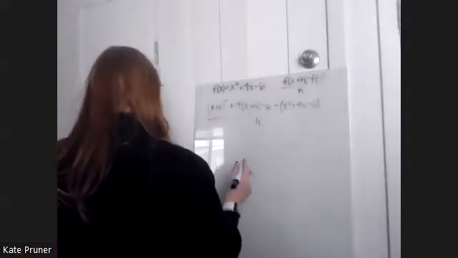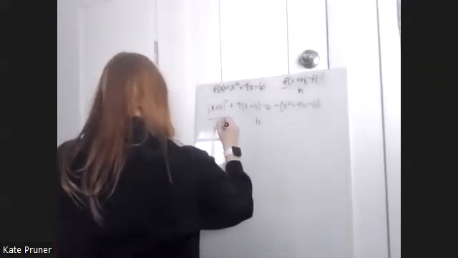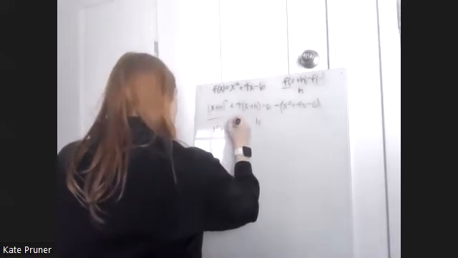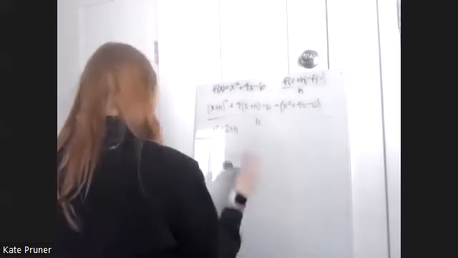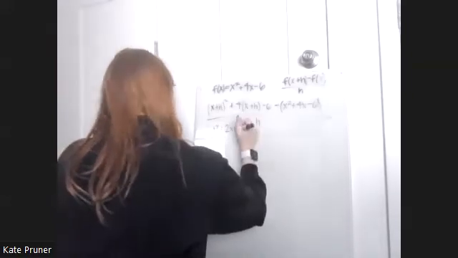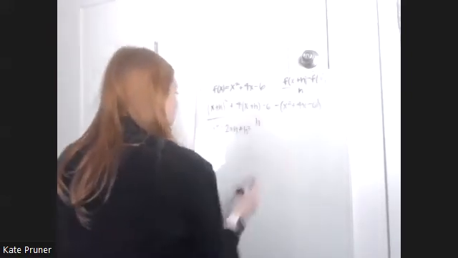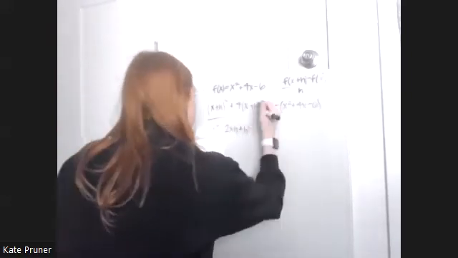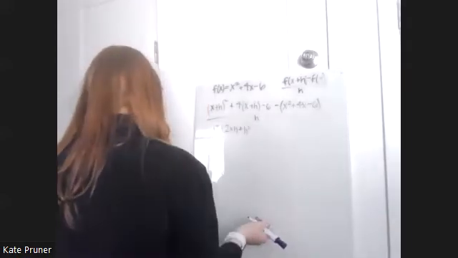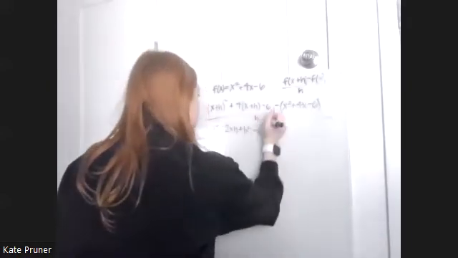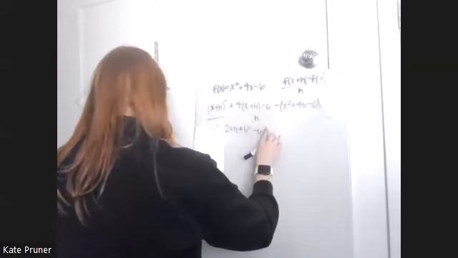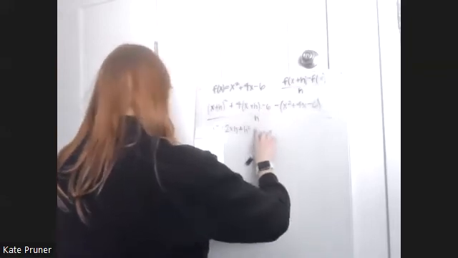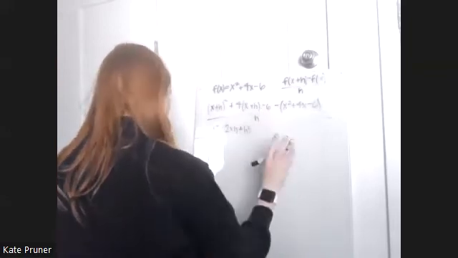So what we're going to do is we're going to get x squared plus 2xh, because again, we're multiplying all of that out, plus h squared. I'm going to move this up so it's not in our way. So then we're going to do minus 6. Oops, I messed that up.